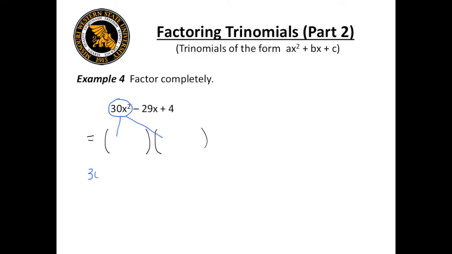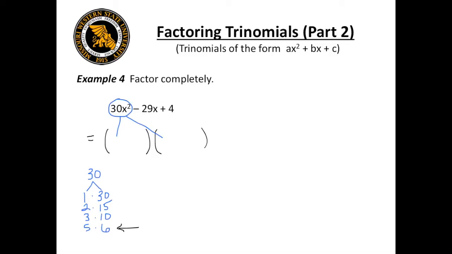Considering the number 30, it has several factor pairs: 1 times 30, 2 times 15, 3 times 10, and 5 times 6. Many options. But we have to start somewhere, so let's begin with the last factor pair involving 5 and 6.